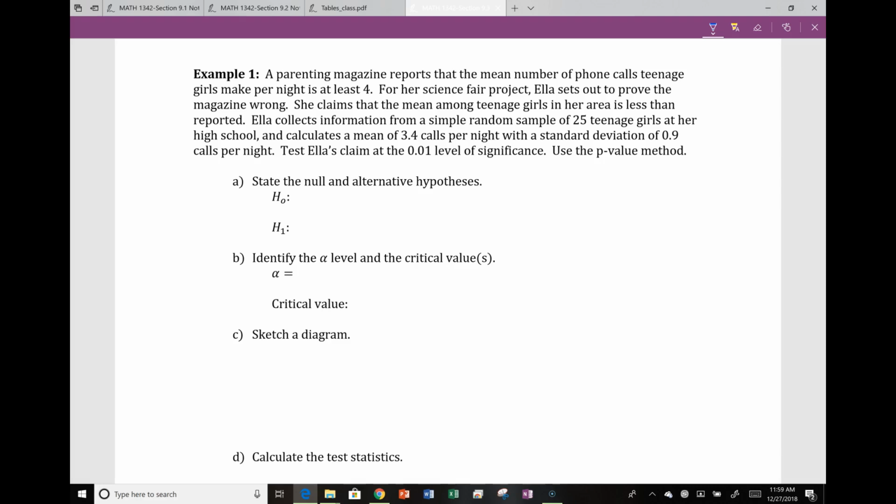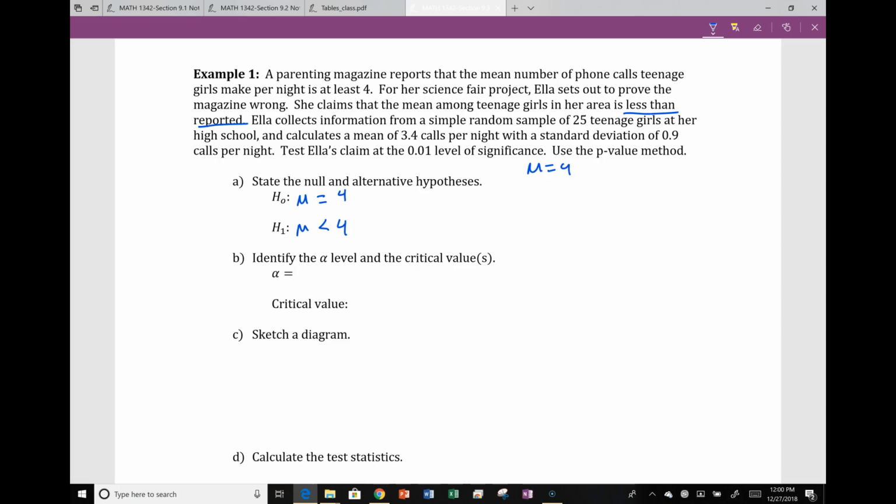She claims that the mean among teenage girls in her area is less than that reported. Less than that, okay? We already know that our null hypothesis is going to look like this. Our alternative hypothesis, based on this less than, will be here. And the original stated value was 4, so mu is equal to 4.